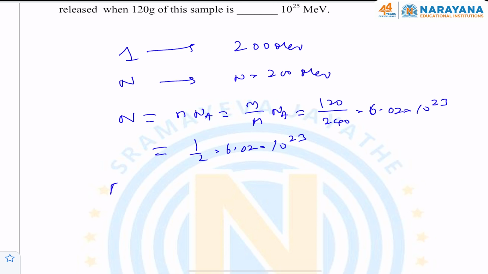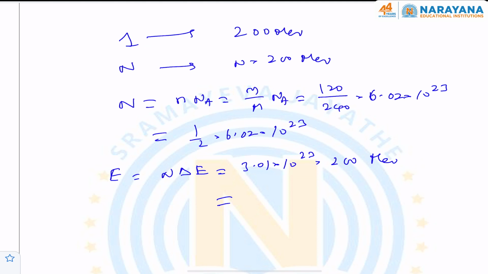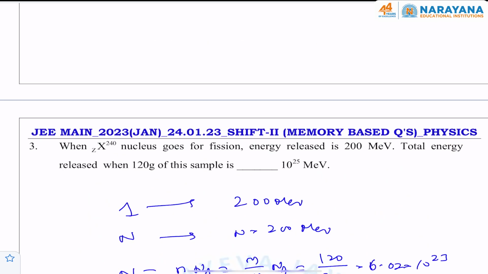So required energy equals n times delta E. N is roughly 3.01 into 10 power 23, into 200 mega electron volt. So it can be written as 6 into 10 power 25 mega electron volt. So here the required numerical value is 6.